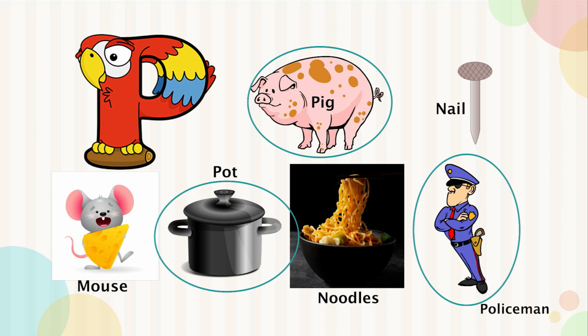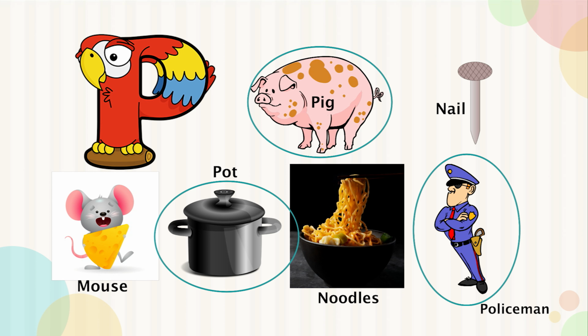I'm sure you didn't, because if you listen carefully, you hear a sound which is quite different from P. What about pot? If you did, you're absolutely correct. Pot also begins with letter P.